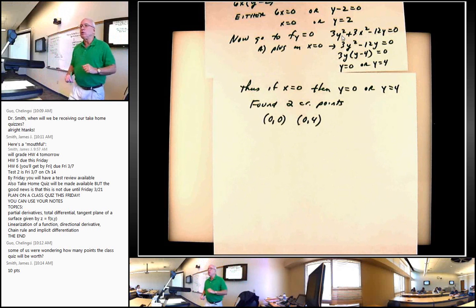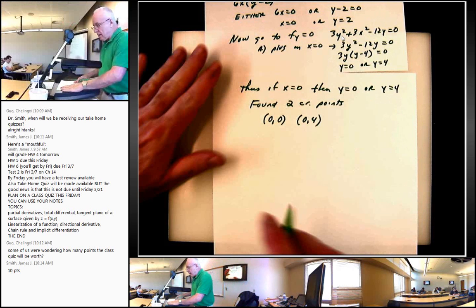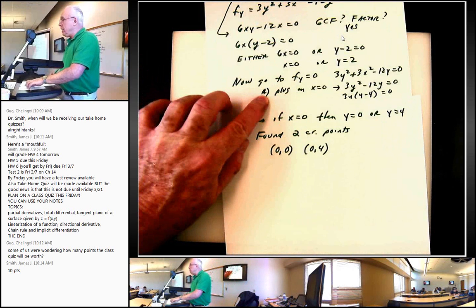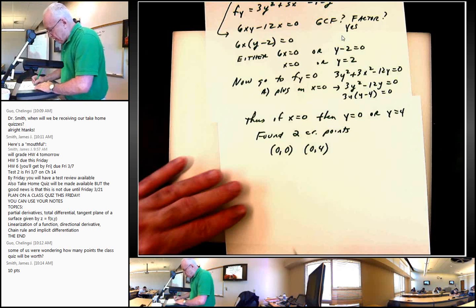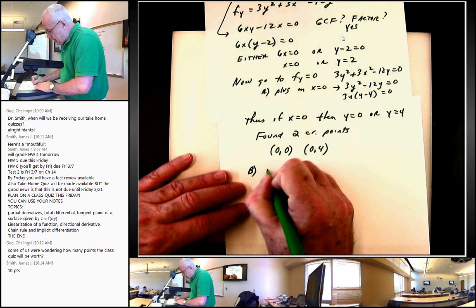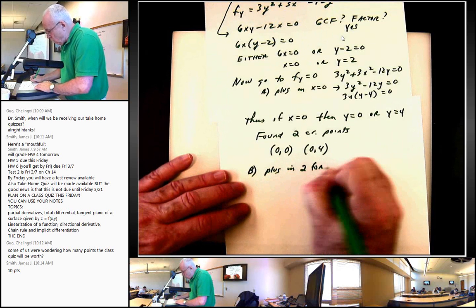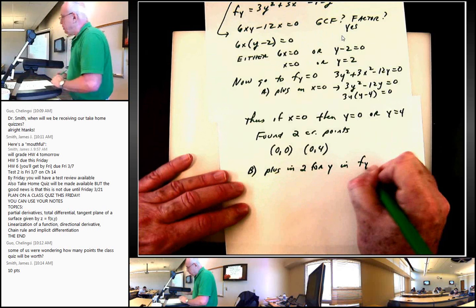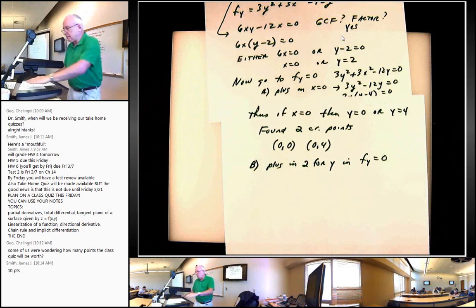Because those two critical points are not the only two. Now we're going to go back, and part B here is we're going to plug in y equals 2 into our fy. So part B, now plug in 2 for y in fy equal to 0. Okay? All right, so let's see.